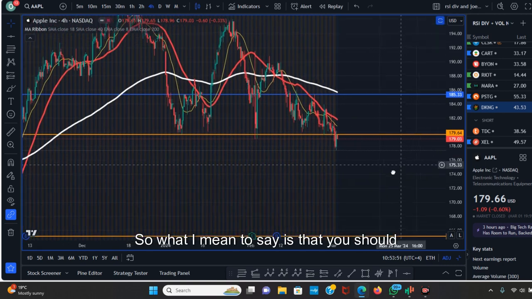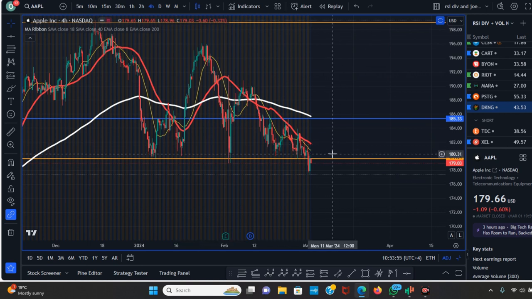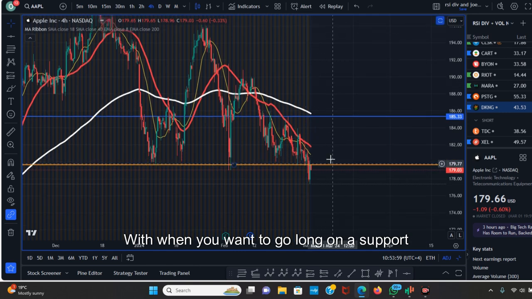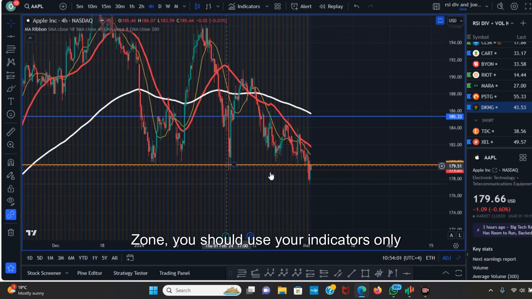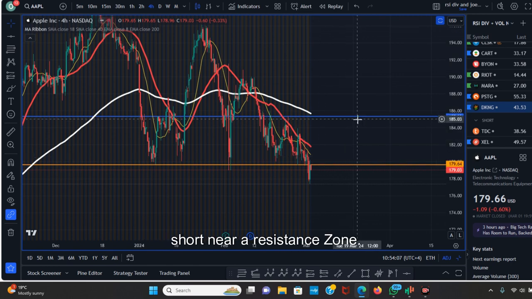What I mean to say is that you should use your indicators to confirm when you want to go long on a support zone. You should use your indicators only to confirm near a support zone or take a short near a resistance zone.